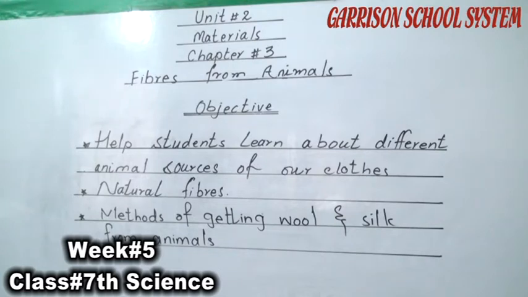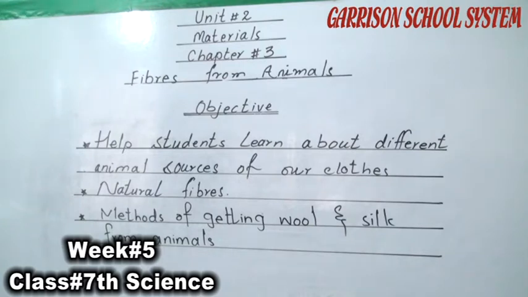These wool yielding animals bear hair on their body. In our next lecture, we will discuss silk also. Silk is another animal fiber that is obtained from the silk worm. But we will discuss it in our next lecture.